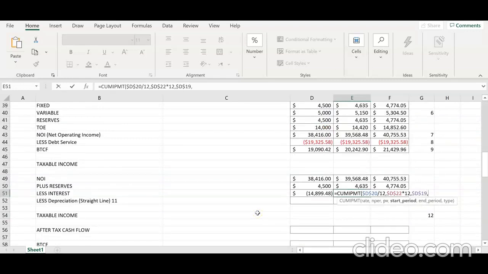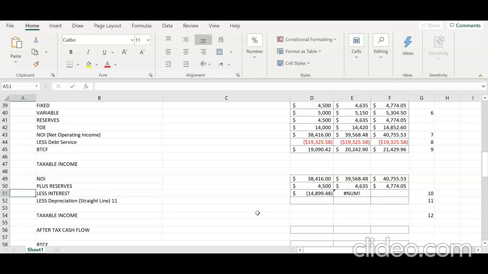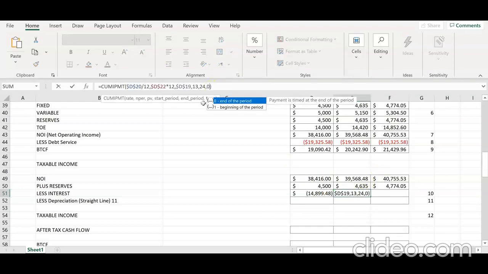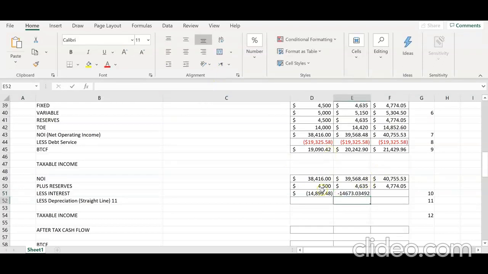We're going to have the period starting from 13 and 24, ending with 0.